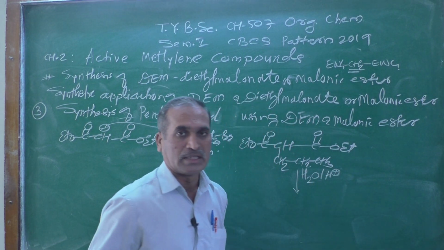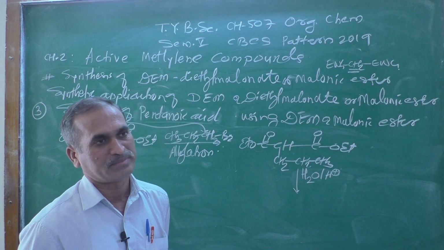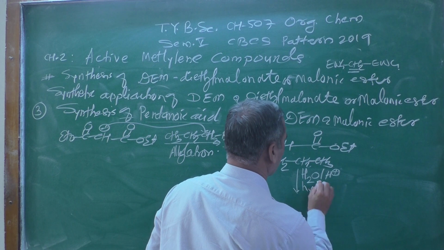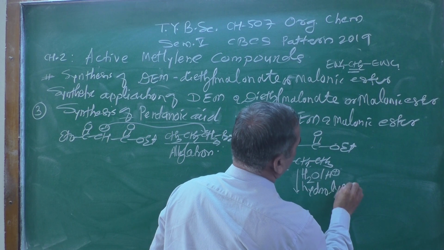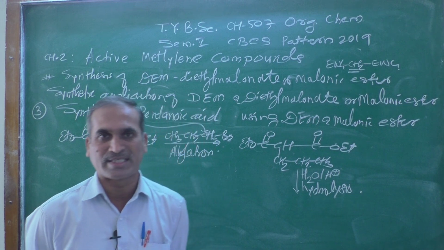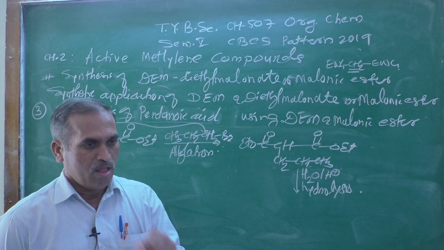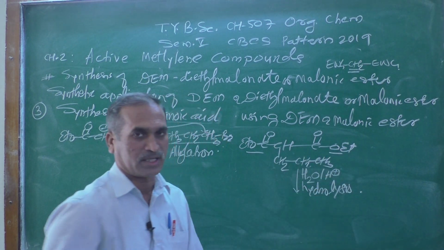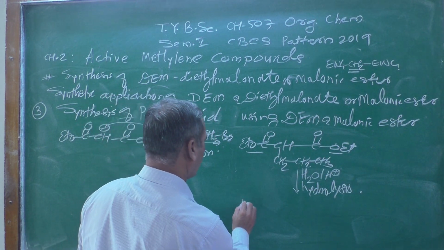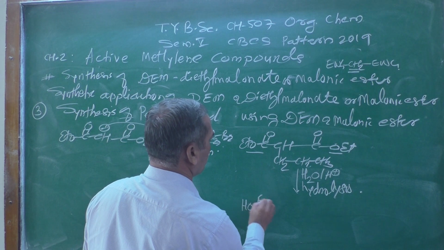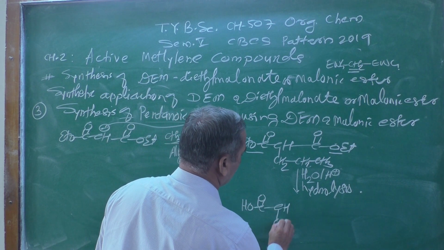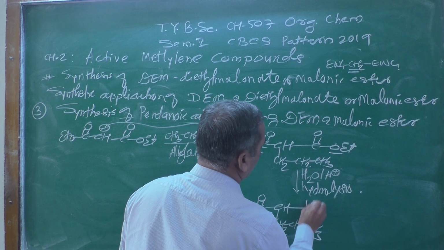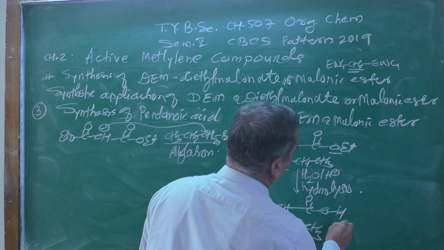This step is known as hydrolysis. Hydrolysis is a process where the ester group is converted into acid, and you will get HO-C(=O)-CH, then CH2CH2CH3, C(=O)-OH.